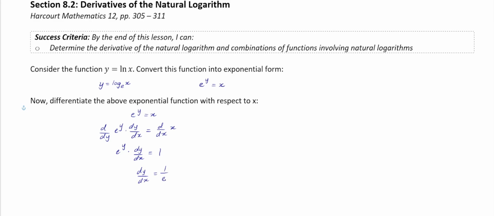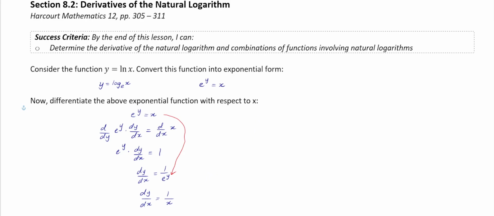And I do that by dividing both sides by e to the y. And now that I have this, I recall that I've previously defined e to the y as x. So I can actually rewrite this as dy dx is simply equal to 1 over x.